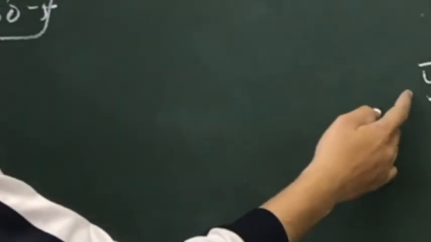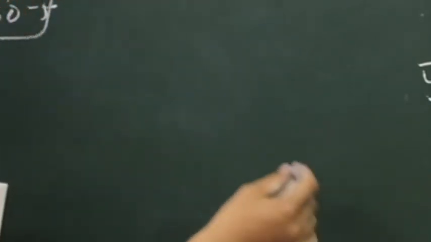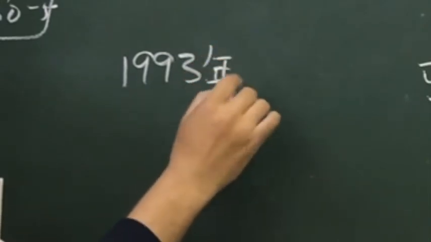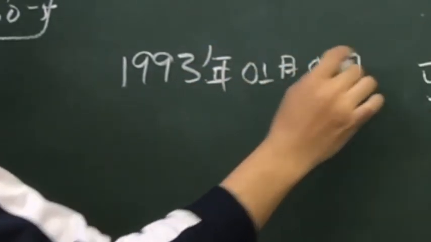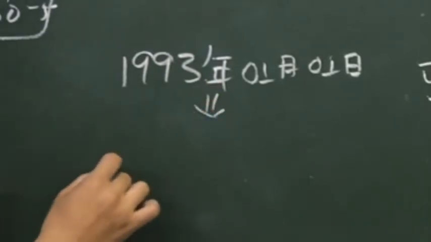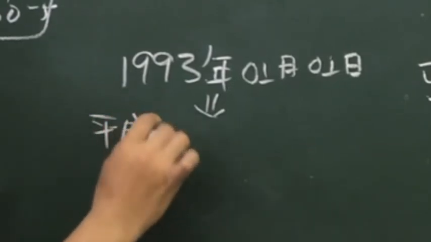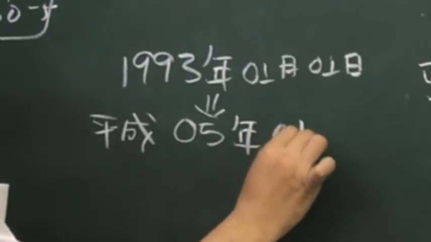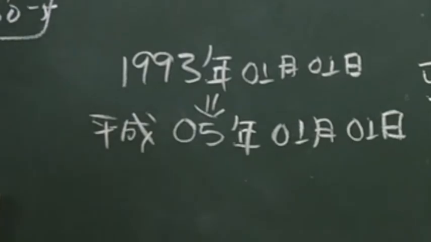If we go to Heisei in the same manner, and take a date in between this period, for example 1993 and 01 and 0, at the time it would be Gonen, Jigatsu, Ichinichi, like this.